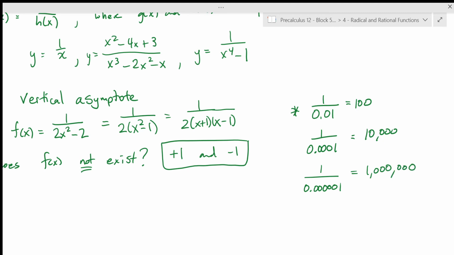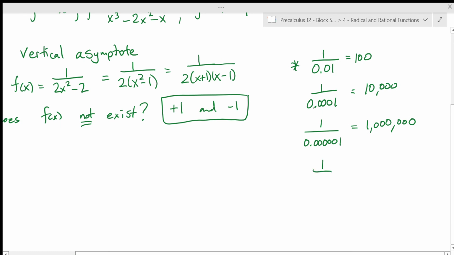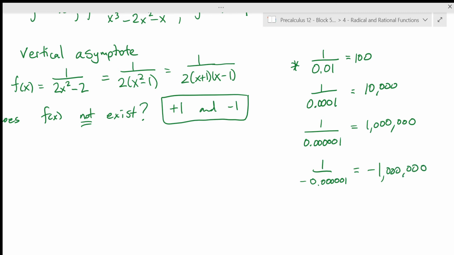So the closer my number gets to 0, the bigger and bigger the result I get. If my denominator gets closer and closer to 0, the bigger and bigger my result is going to get generally. So if I did the same thing but with a negative number, I get 1 divided by negative 0.00001, the exact same thing, but negative: negative a million. So I'm actually getting smaller and smaller.